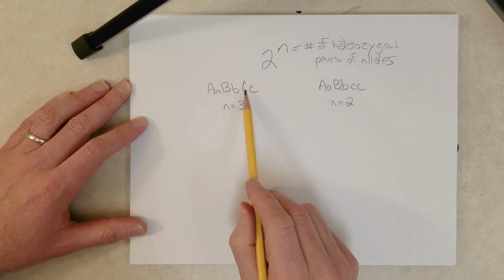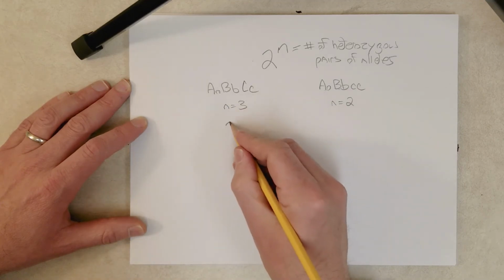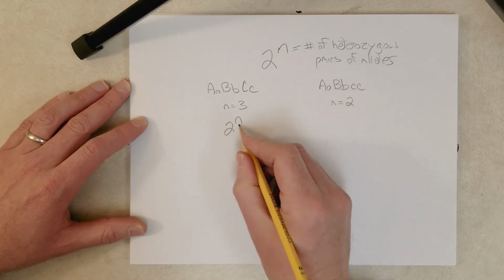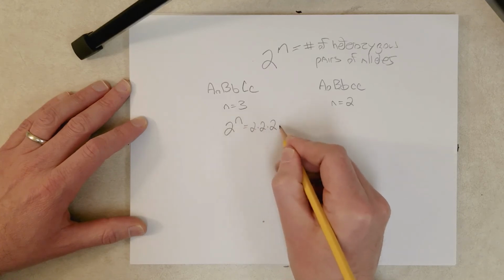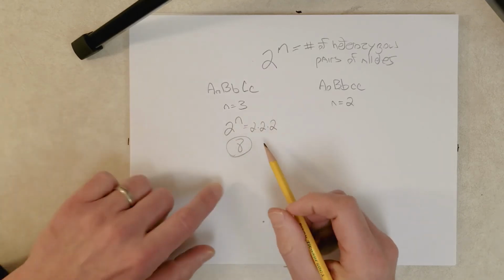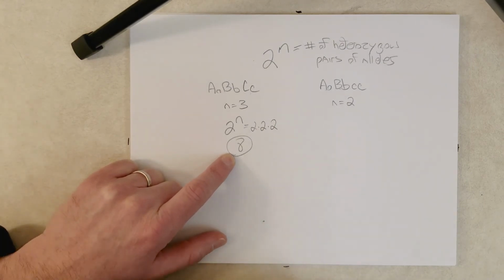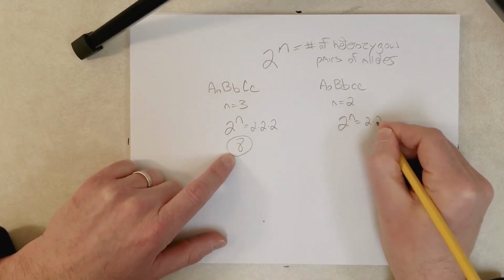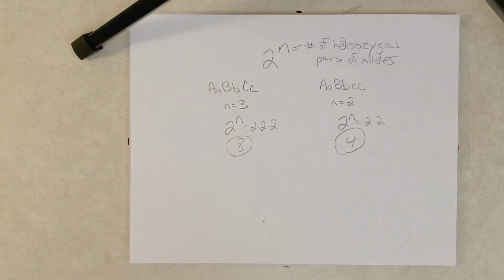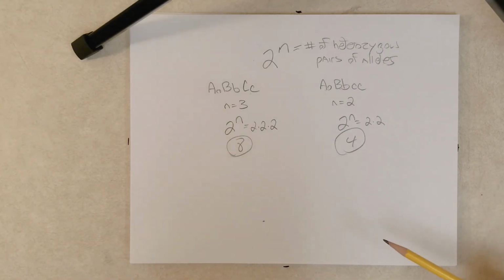This one, 1, 2, 3, 3 pairs of alleles where the alleles are heterozygous. So 2 to the n for this is going to be 2 times 2 times 2. So this individual can make 8 genotypically distinct gametes, and we already determined that with the forked line method. This one right here can only make 4, and we also determined that to be true with the forked line method.